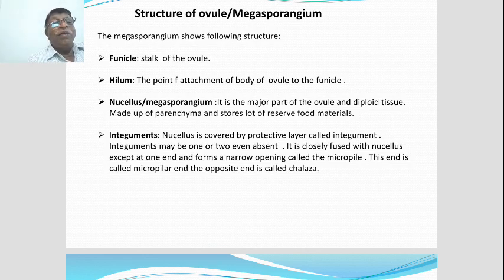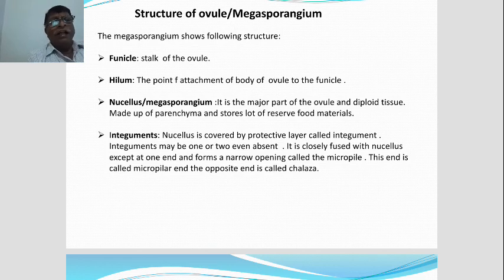If only one integument, unitegmic ovule, 2 bitegmic ovule, 3 tritegmic. If no integuments or integuments are absent, it is called ategmic ovule. More commonly, the integuments are bitegmic in angiosperms.